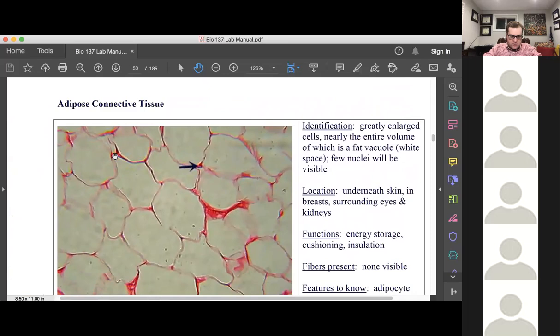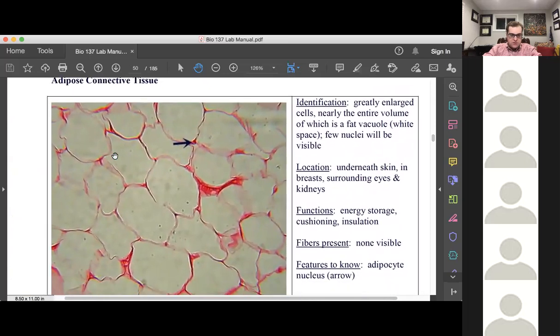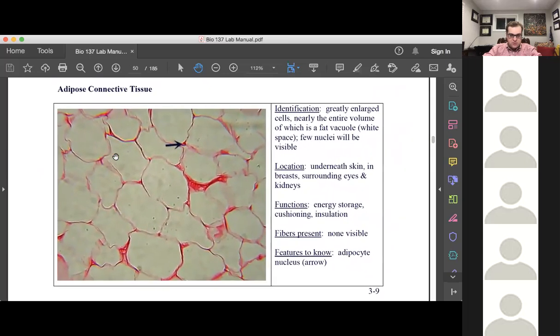All right, adipose. Adipose is the proper term for fat cells. As you can see, they're pretty much a cell membrane packed in with different fat compounds, lipids, all kinds of different fats.